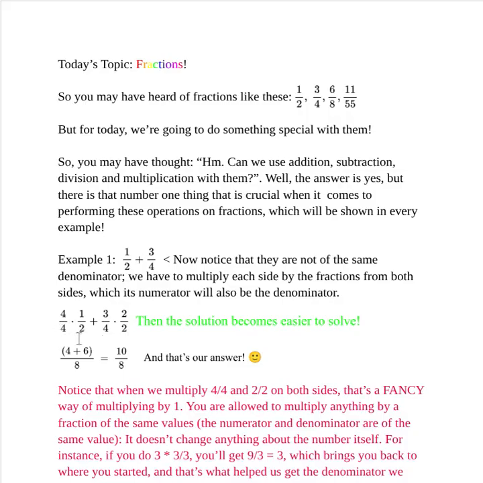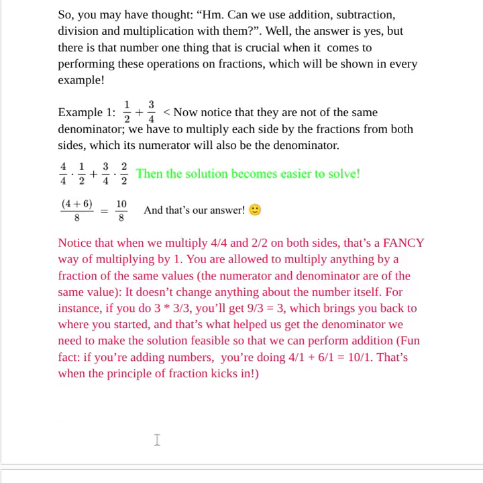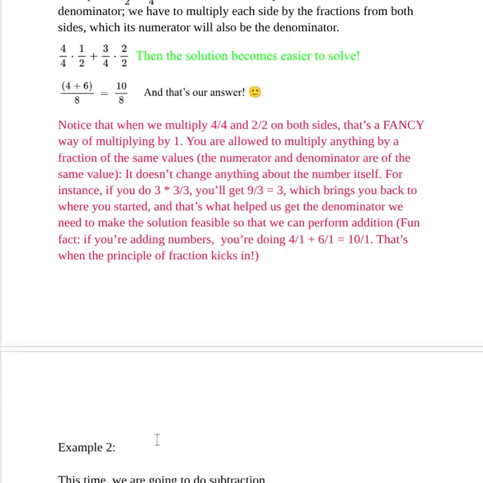And this is literally how we got these numbers over here, and what took us to this point. If you're reading this over here, it simply tells you again that you're multiplying by one. It doesn't change anything about the number itself. So therefore, that's when the principle of fractions kicks in.